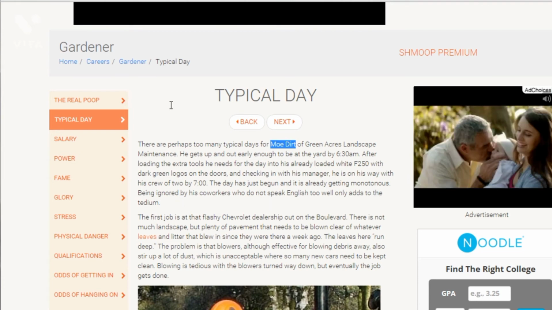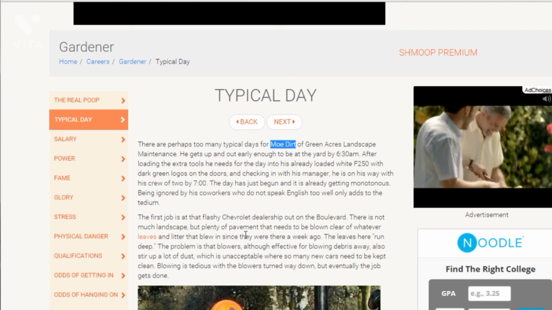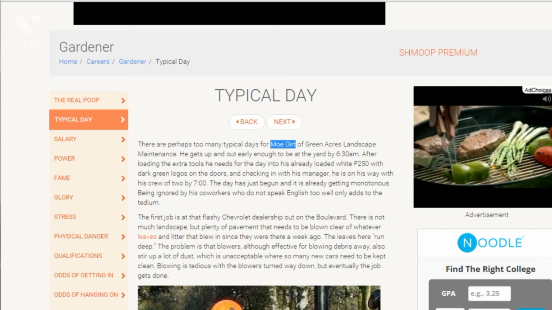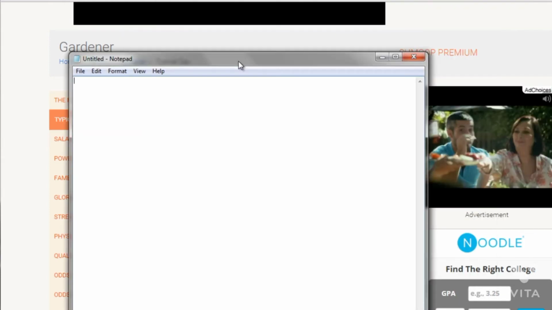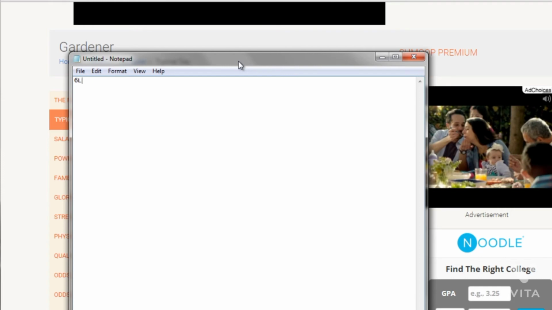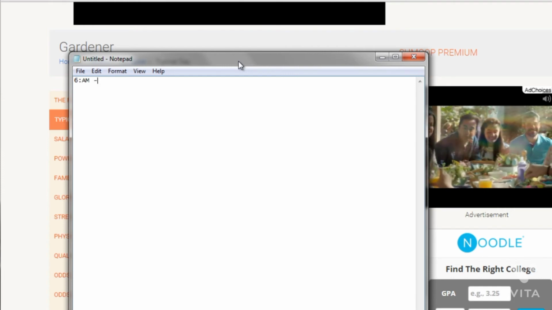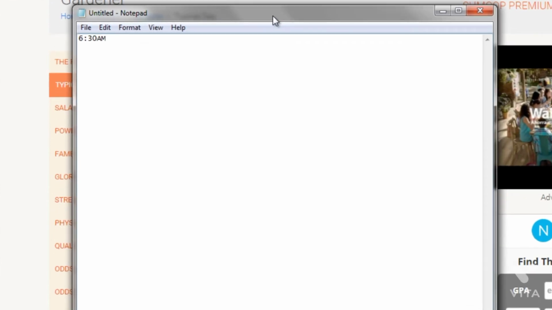So it seems to me like this is a story, but this is a nice way to write it out. You can write it out this way, or you can even open up Notepad and just write it out. So we'll say 6:30 a.m., he's up.